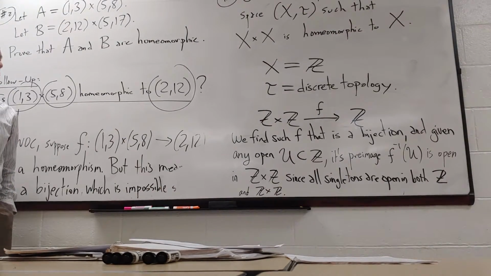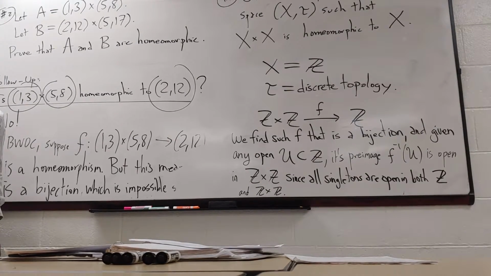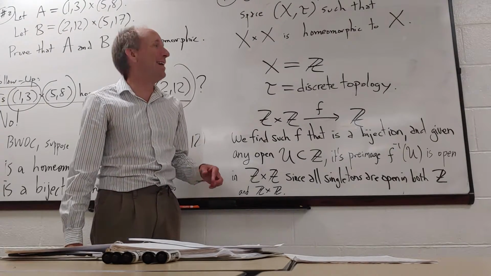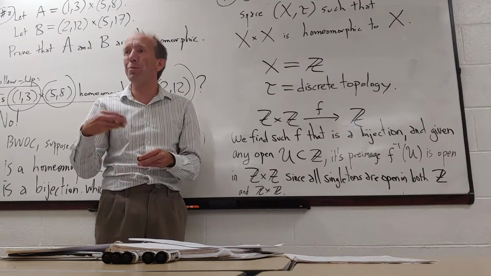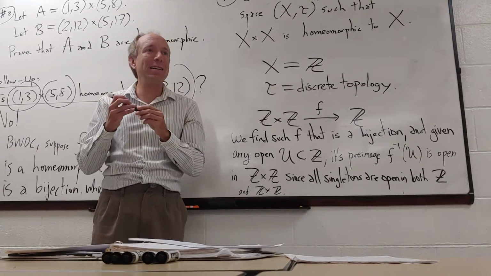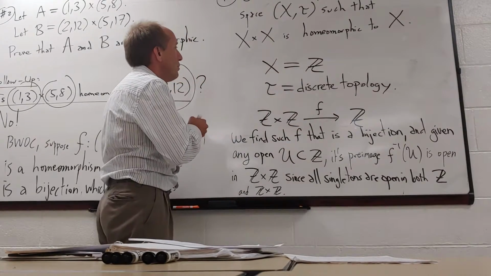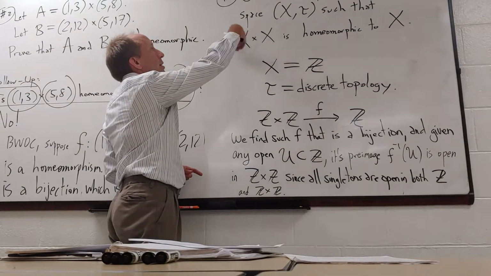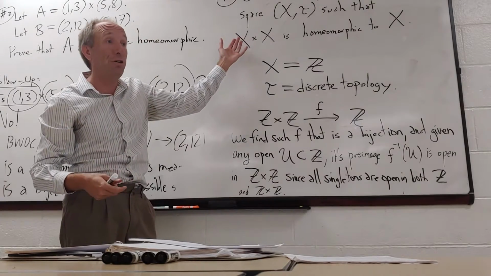So, to tell you the truth, this would have been a little easier if we had used the trivial topology instead. Because if you use the trivial topology, then we actually proved it in one of the homework problems from 4.6 that we did together in class on the last day. I said, look, if you take the trivial topology on this space and on this space, then the product topology you get is trivial.